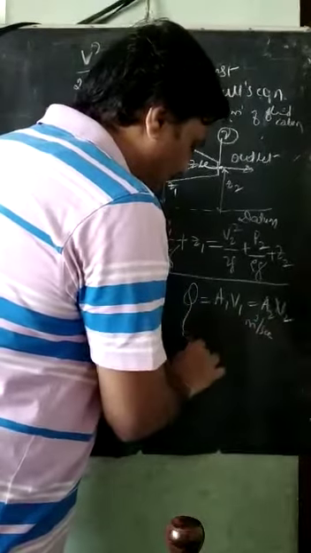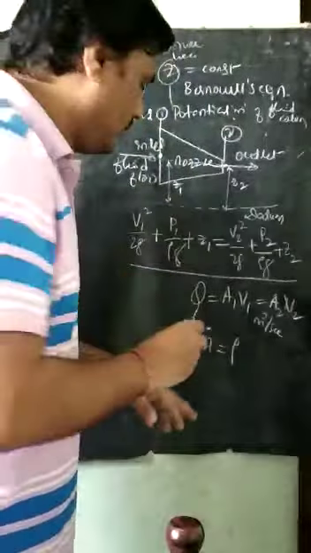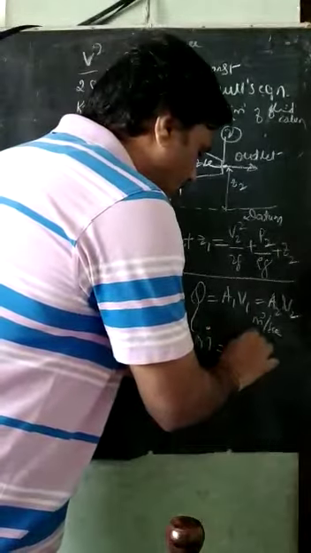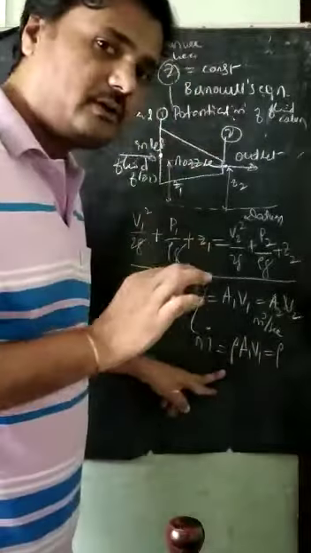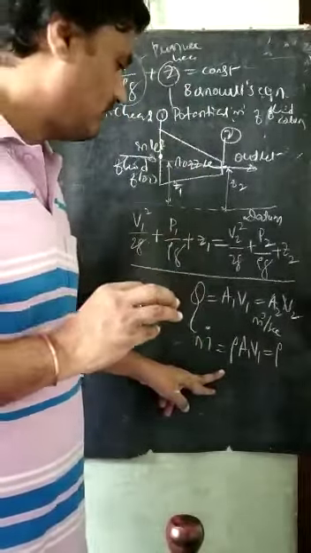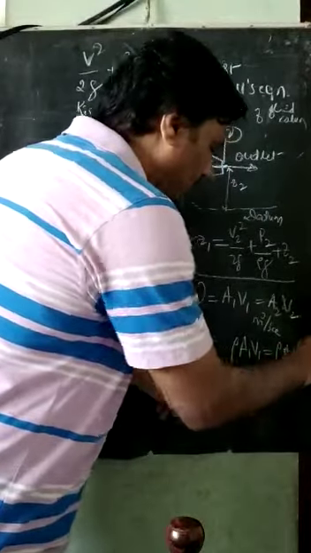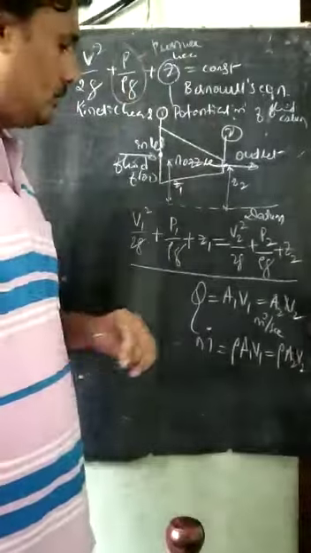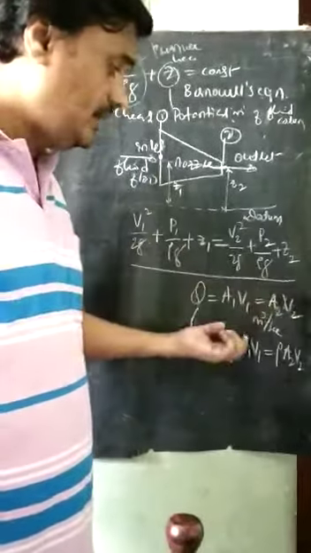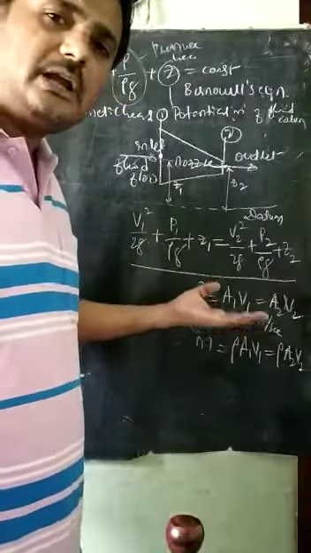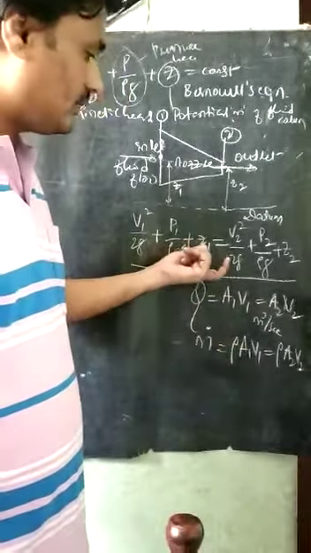If I take the mass flow rate, rho comes in, the density of the fluid: rho into A1 into V1 is equal to rho into A2 into V2, as density is constant for incompressible fluid flows. These discharge relations are nothing but the one-dimensional continuity equation.